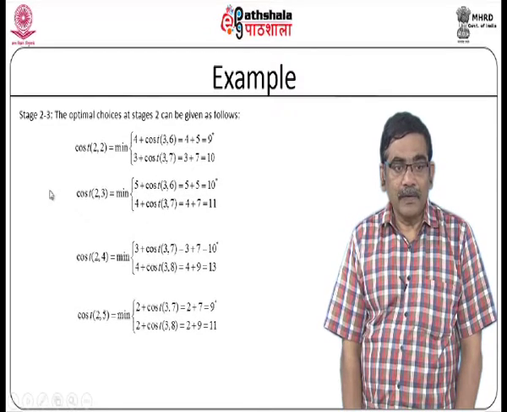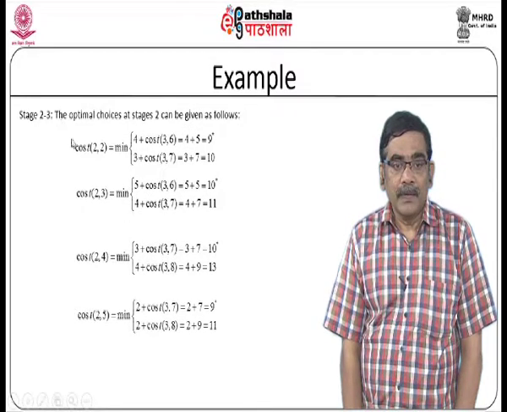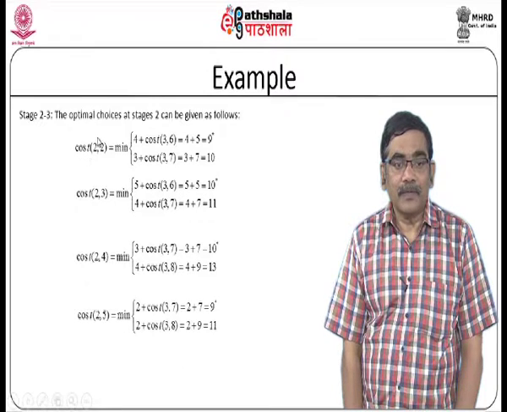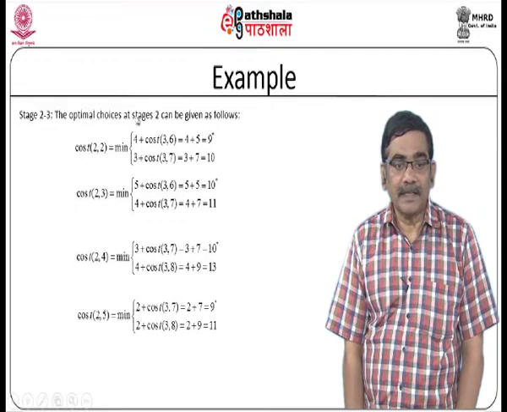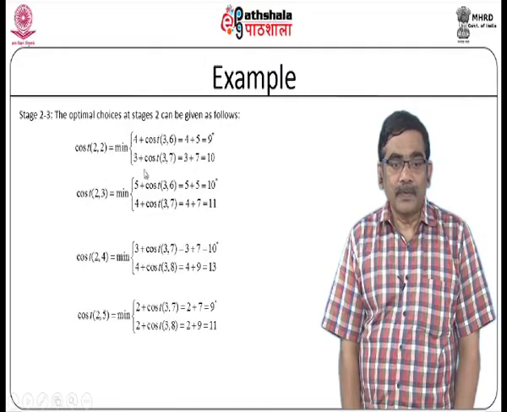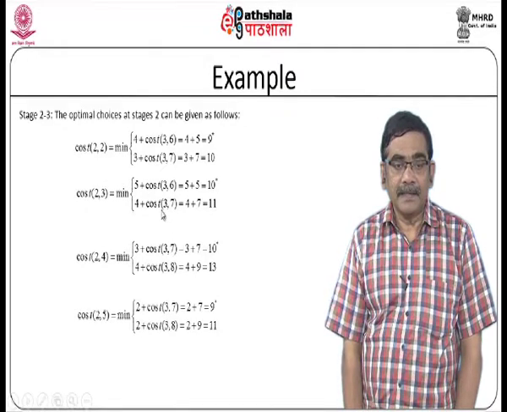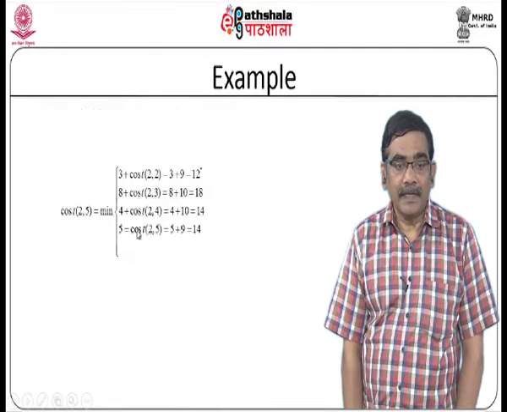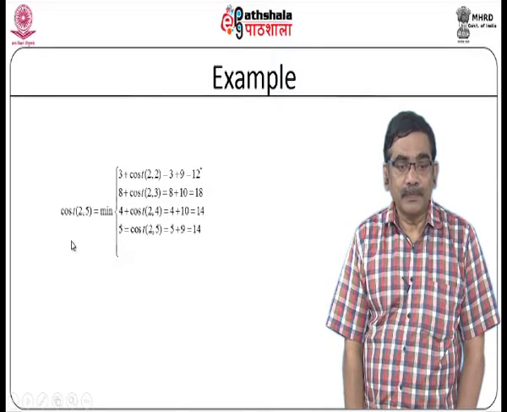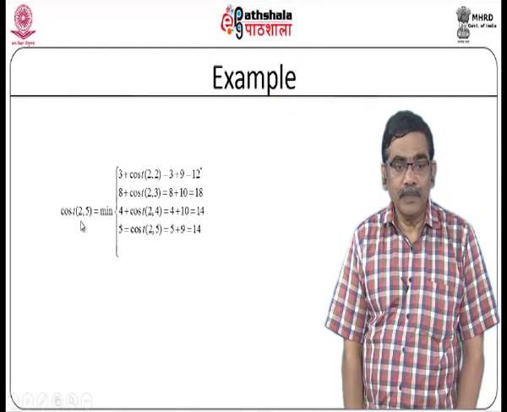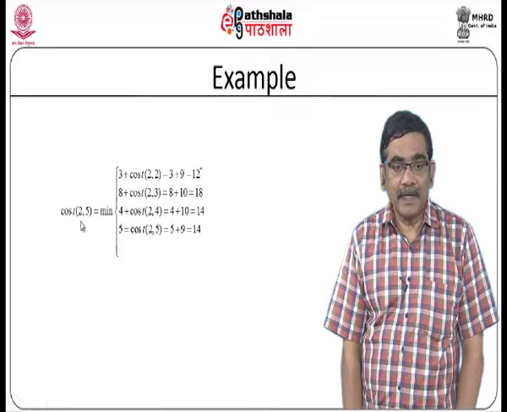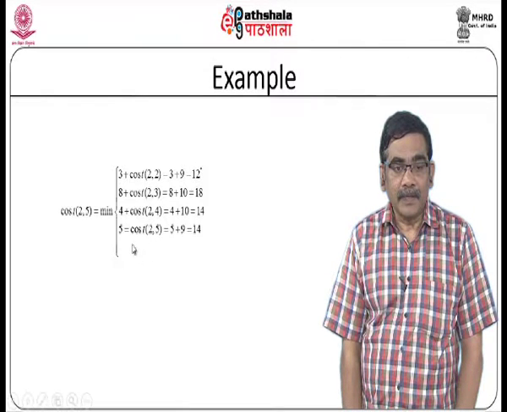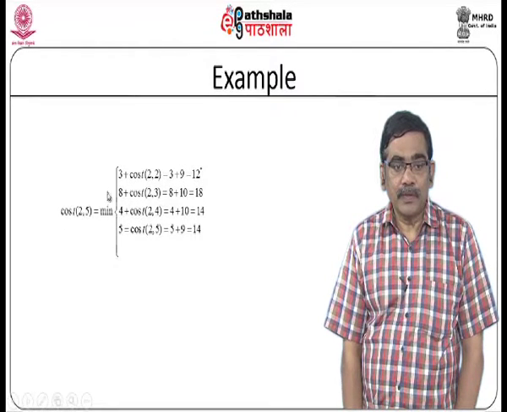So, next I will go to stage 2. That means I have to find the optimal choices at stage 2. You can see the computations, then finally I will come to stage 1. So, your source is going to be in stage 1.